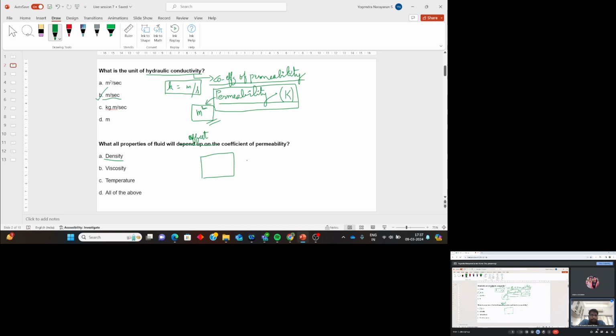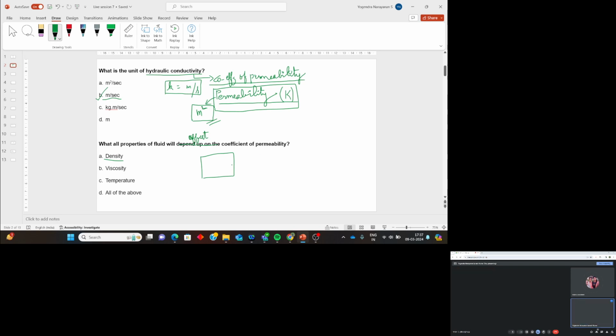The permeability formula depends upon the porous media and fluid.